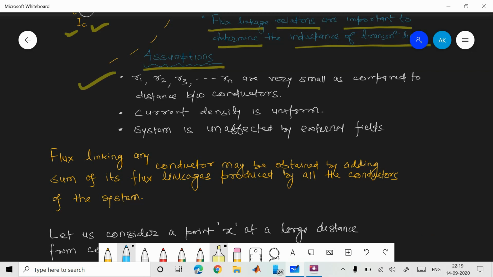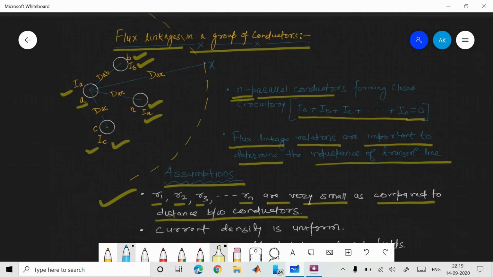Your first assumption is radius. The first conductor radius is R1, the second conductor radius is R2, the third is R3, like that, and the nth conductor Rn are very small as compared to the distance between conductors. It means the radius of all these conductors A, B, C to the nth conductor is very small compared to the distance between them.